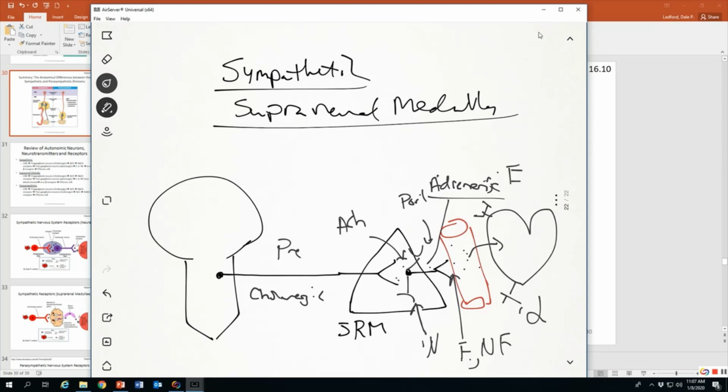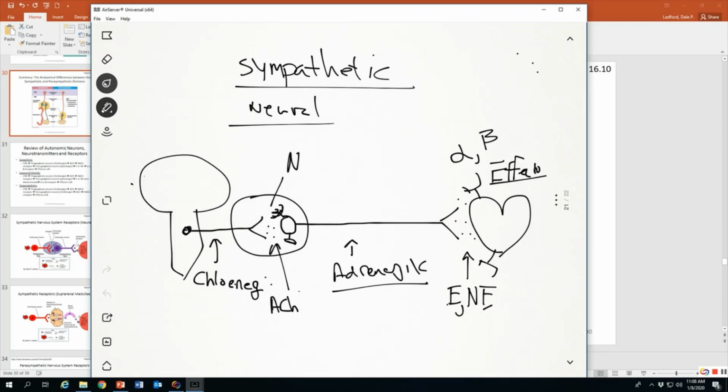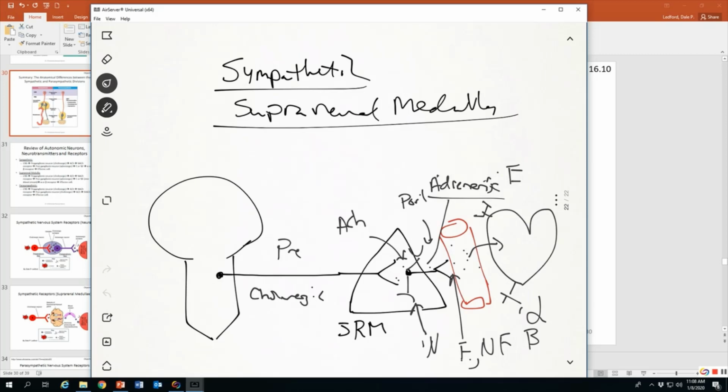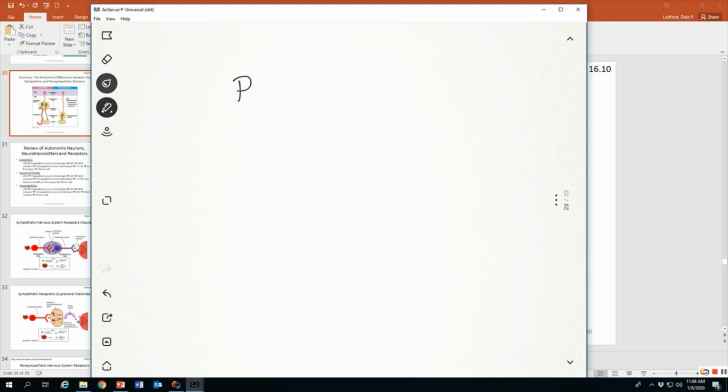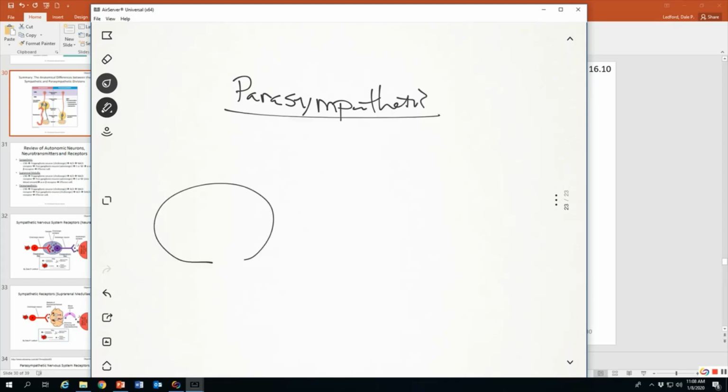That adrenergic neuron releases into the blood, where it makes it to the effector cells and binds to the receptors, the alpha or beta receptors. So the suprarenal medulla, remember, has long pre, short post, whereas the neural pathway has short pre, long post. The suprarenal medulla is the only place that differs. Now let's look at parasympathetic.